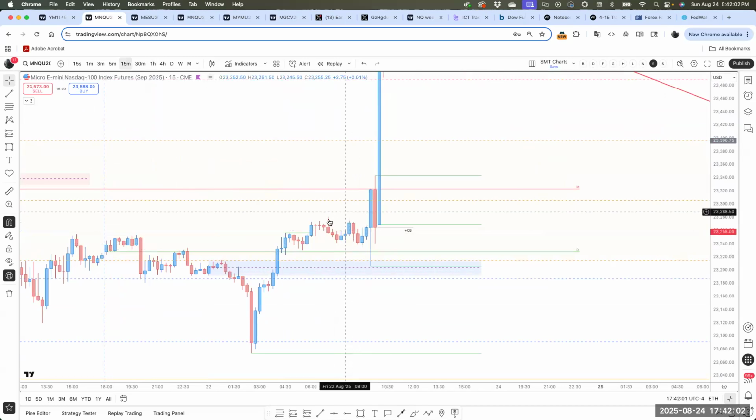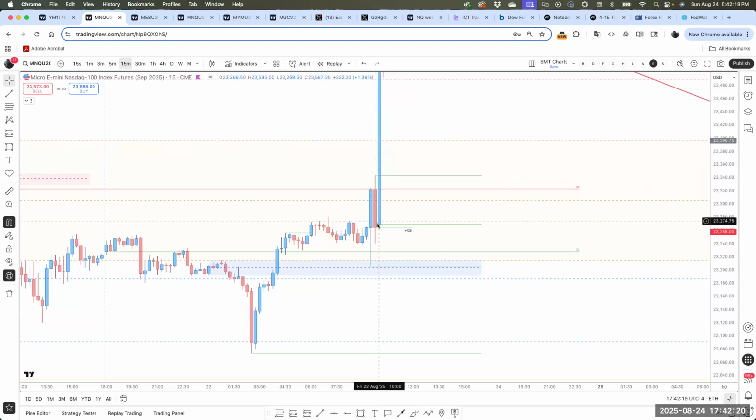And then, once you get the 6 a.m. candle, the 6 a.m. candle includes the 9:30 opening and any kind of news. So in this case, the 6 a.m. candle low was right here, and the 6 a.m. candle high was right here.